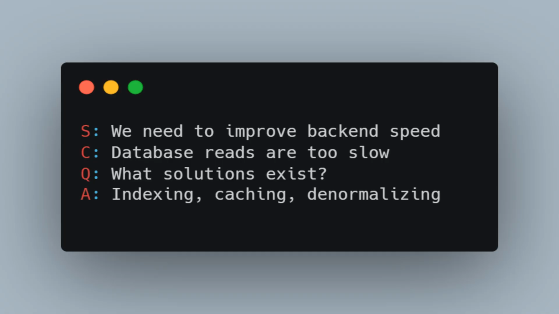And the next is SCQA, which is situation, complication, question and answer. It's great for narrative tasks. So we need to improve backend speed, database read is too slow. So what solution exists? Indexing, caching, denormalizing. So you're going to explain the situation here.